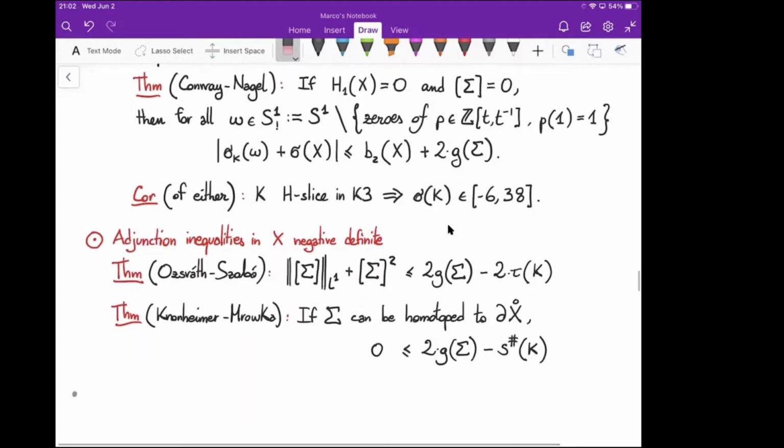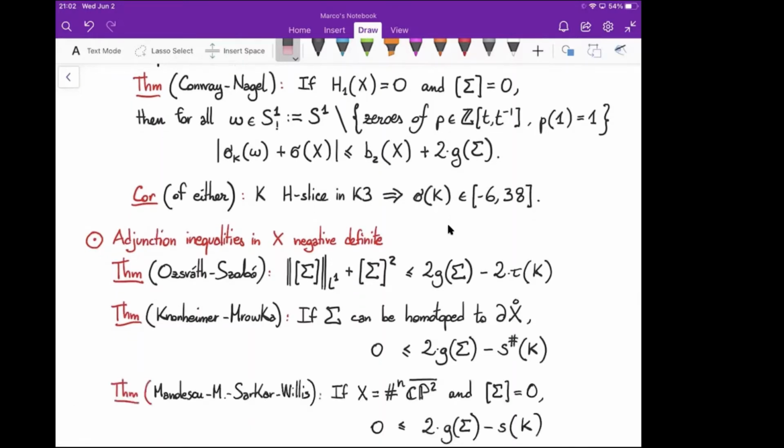And then I also want to mention a result of myself with Manolescu, Sarkar, and Willis, where we prove the same using not gauge theory, but Khovanov homology. But it's not for every negative definite four-manifold, but for connected sums of CP2 bar, and also for sigma null-homologous.